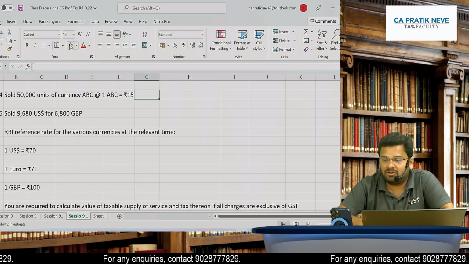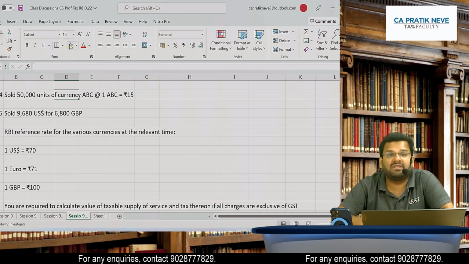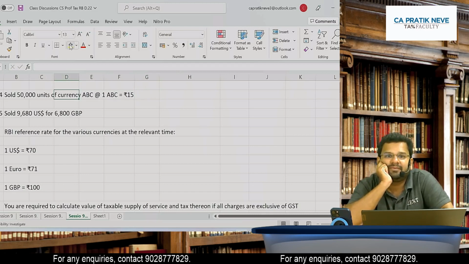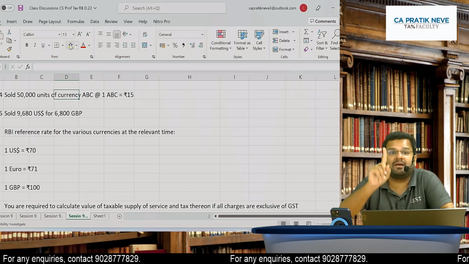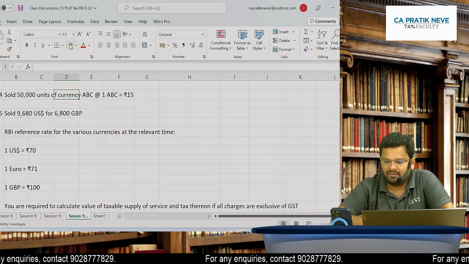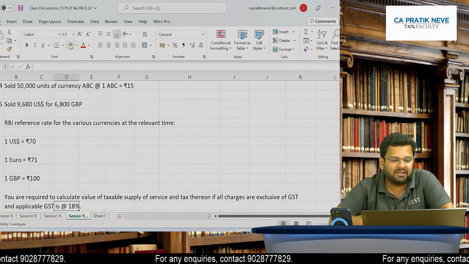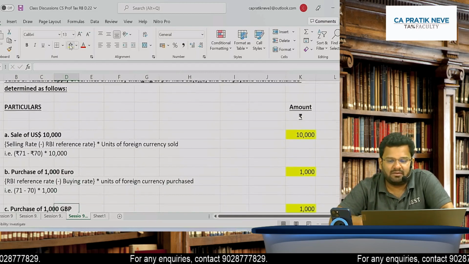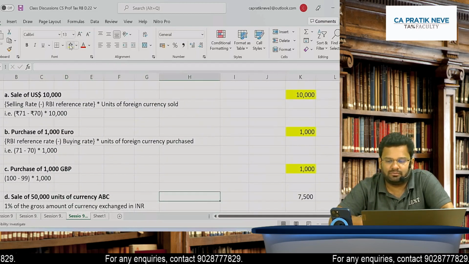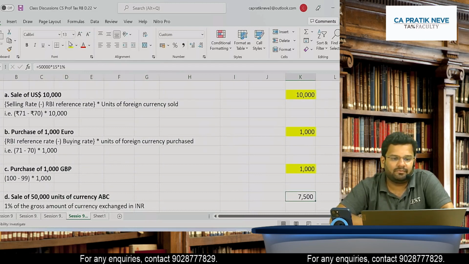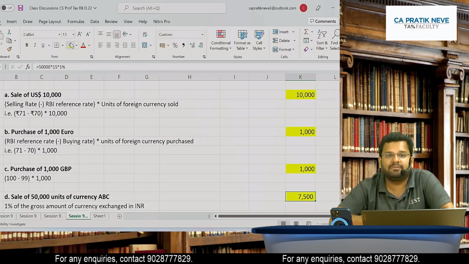Rupees involved in total are 50,000 into 15. So 50,000 into 15, of that you will take 1%. So what is 50,000 into 15, into 1%, that becomes your assessable value. Do you agree with me?